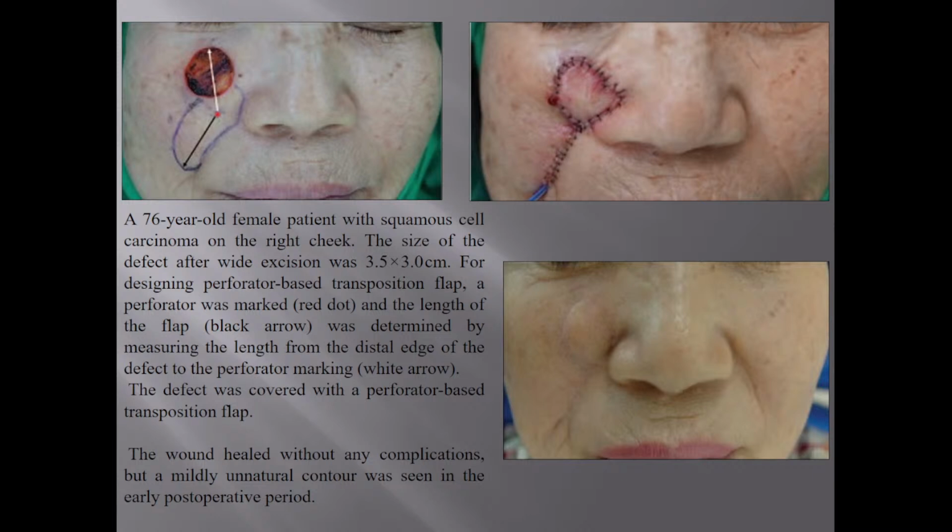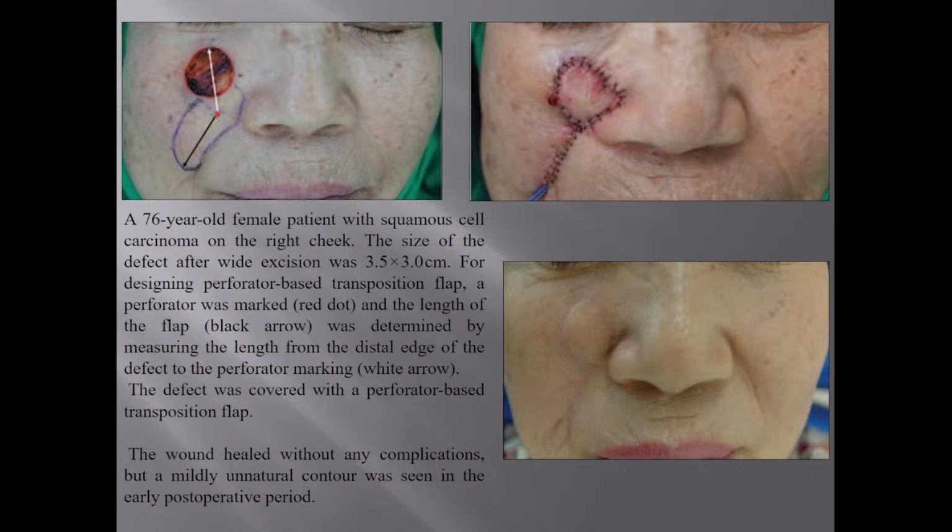On the first photo you can see this defect after extraction of this squamous cell carcinoma. The size of the defect after wide excision was near 3.5 by 3 centimeters. For designing a perforator-based transposition flap, a perforator was marked, and you can see it with a red dot.